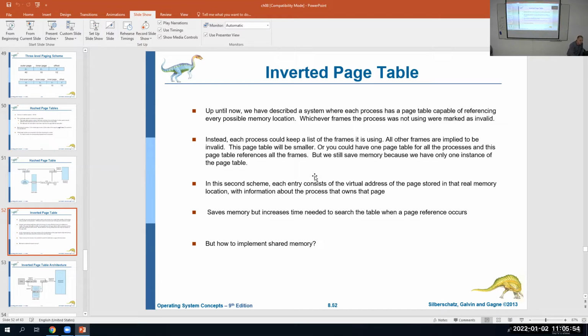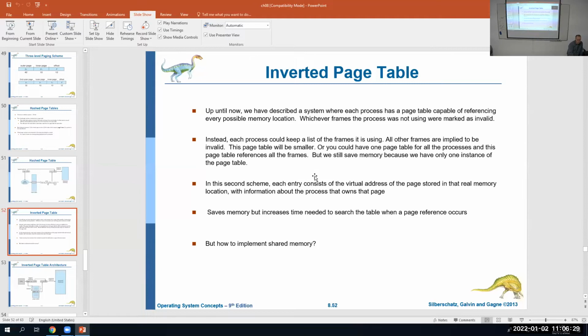Instead, the operating system could keep a list for each process of the frames it is using. Just keep what you're using. You're using page number 100 billion, you're using page number 50 billion, whatever pages you are, just write them all down and keep that. It sounds a lot easier. All other frames are implied to be invalid. If it's not in the list, it's invalid.